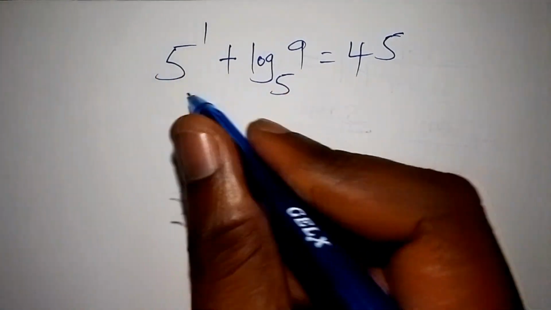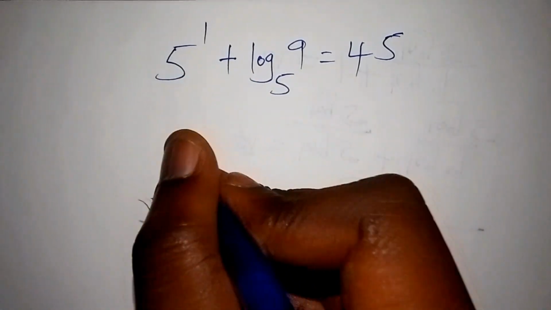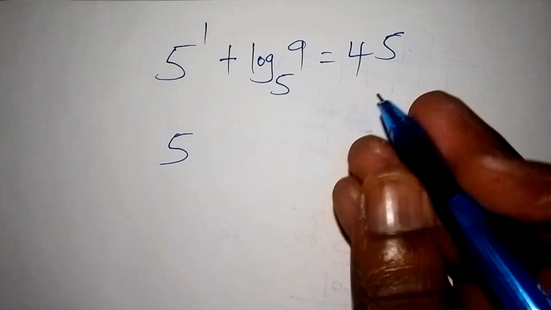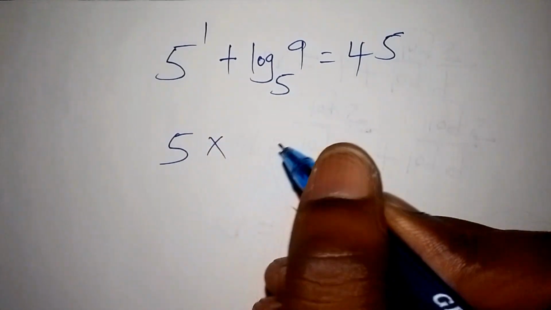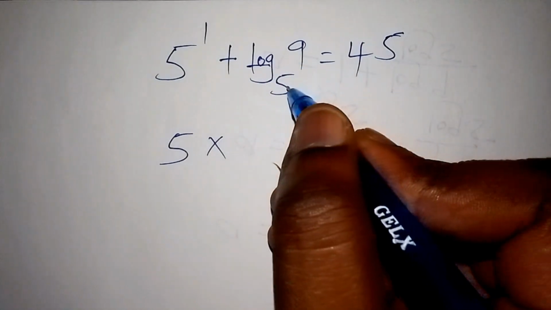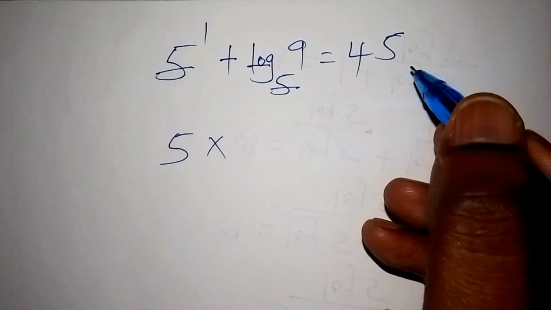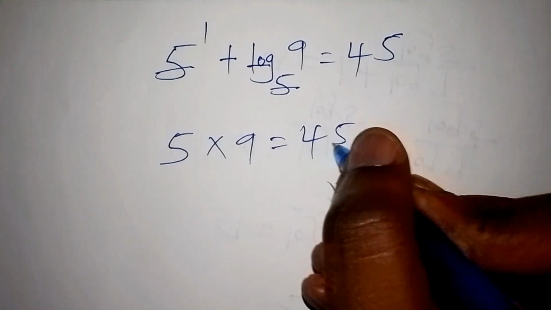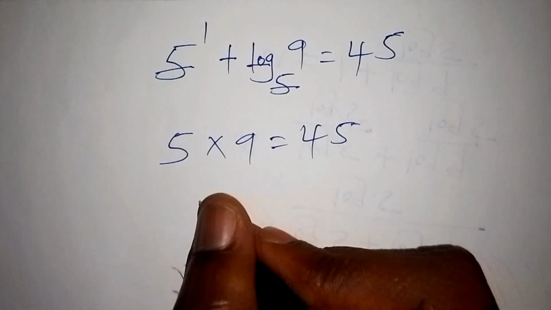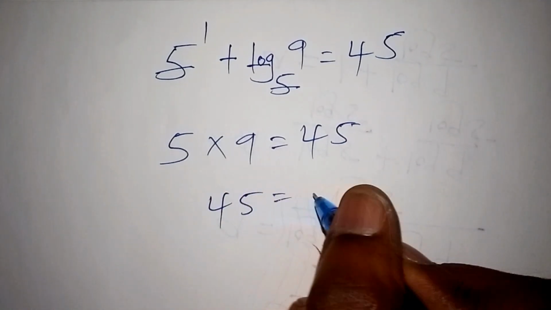Now 5 to the power of 1 is 5, and the plus changes to multiplication. The log to the base of 5 cancels with this 5. So we remain with 9 times 5, which is 45, is equal to 45.